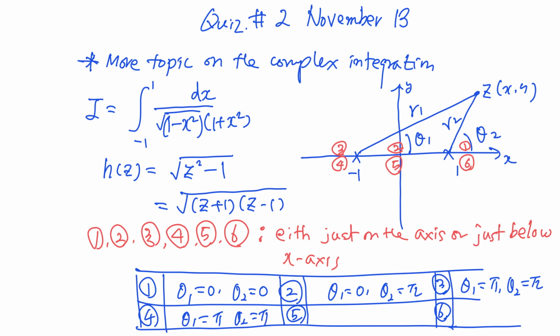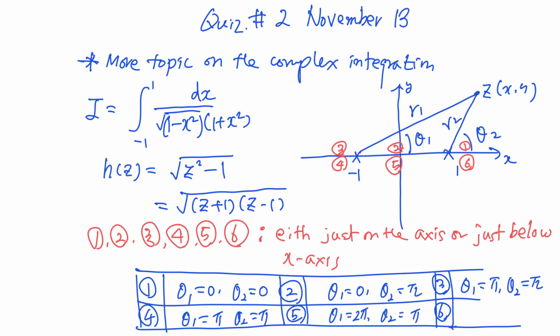Point 5 is a bit tricky. Now, this point is below the x-axis. Here, θ1 is here. For θ1 we have to cross this way, right? So θ1 is 2 pi. θ2, here, right? Pi. So θ1 is 2 pi, θ2 is pi.